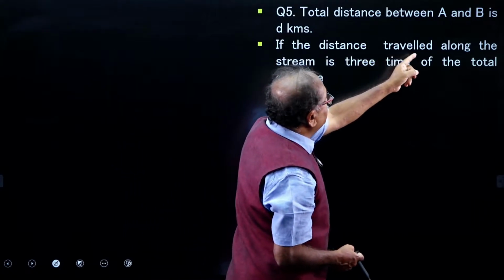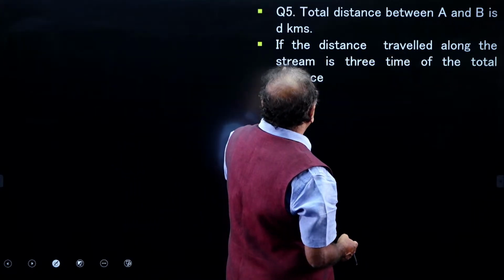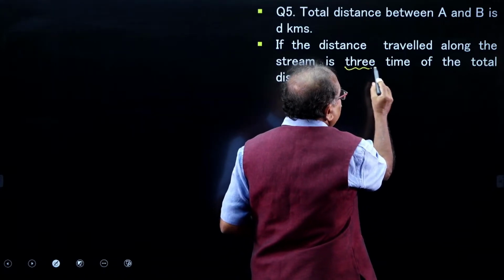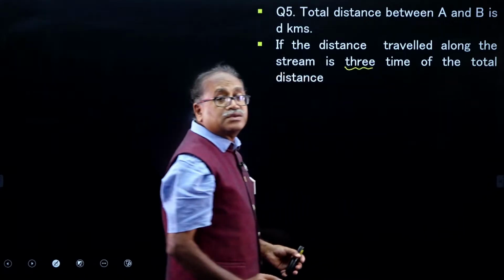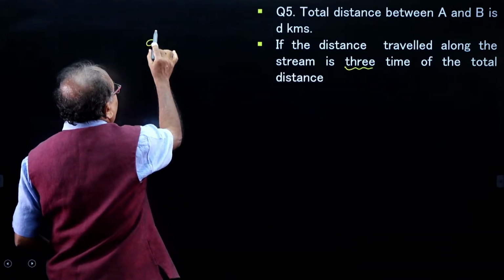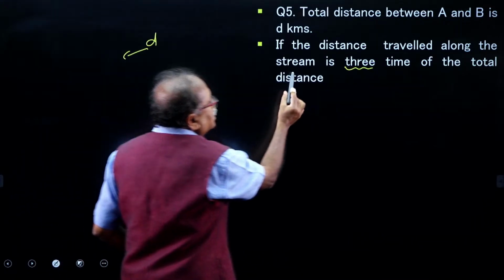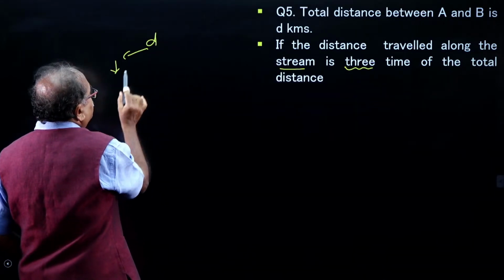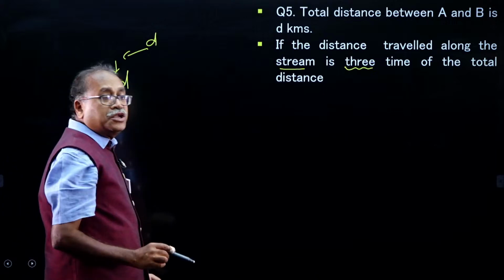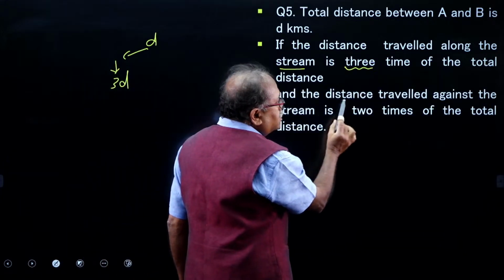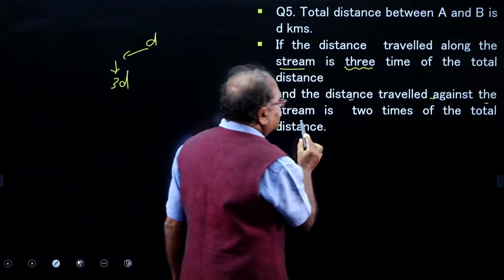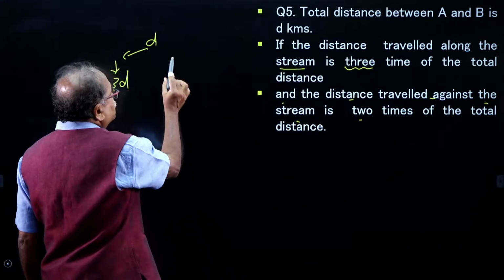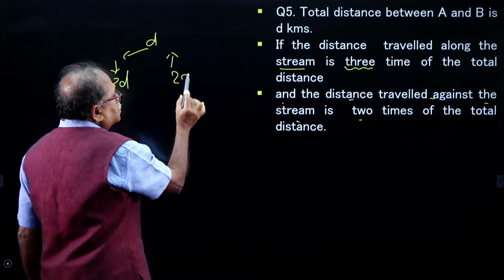If the distance travelled along the stream is 3 times the total distance, that means downstream is 3d. And the distance travelled against the stream, that is upstream, is 2 times d.